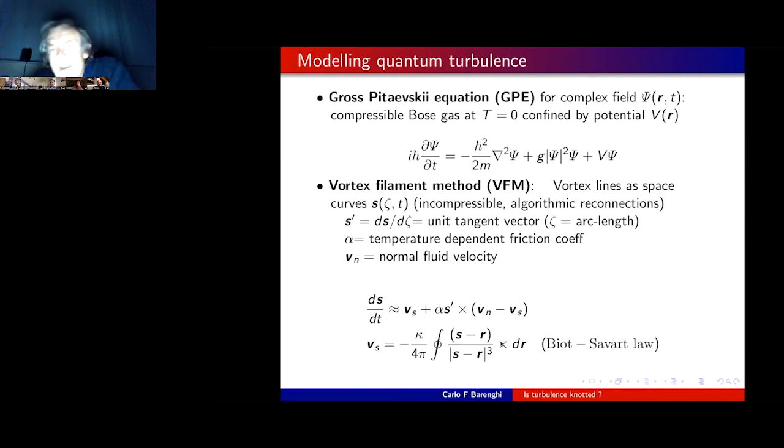So when we want to define the energy, we need first of all to specify whether we're talking about an incompressible model like Biot-Savart, or a compressible model like Gross-Pitaevskii, where we can have these energy exchanges, which are very visible in respective contexts. In the experiments, the effects are visible. In the calculations, you see them.